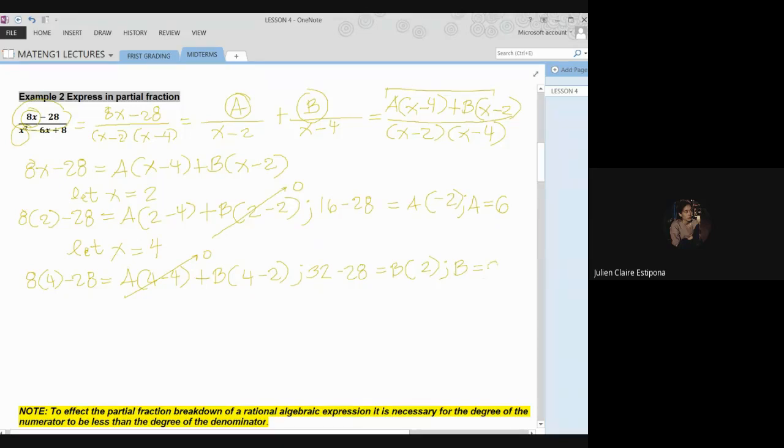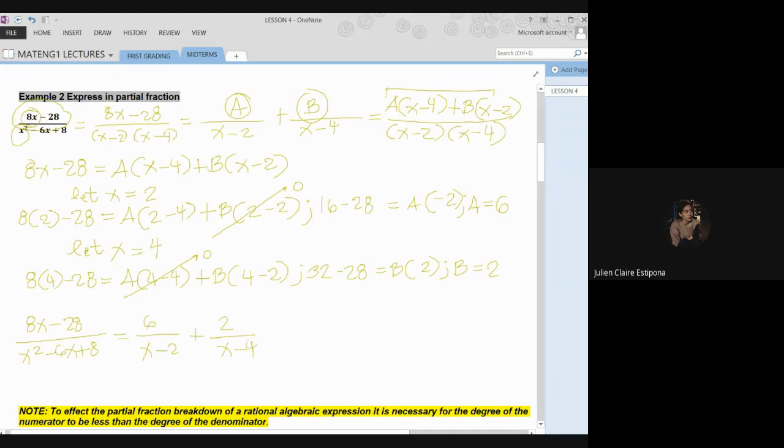Okay, that is 2. So to be able to get the value of the partial fraction, let us just substitute the value of a and b to this one. So 8x minus 28, this is the expression, x squared minus 6x plus 8, and the partial fraction for that one is a, which is 6 all over x minus 2 plus 2 all over x minus 4.